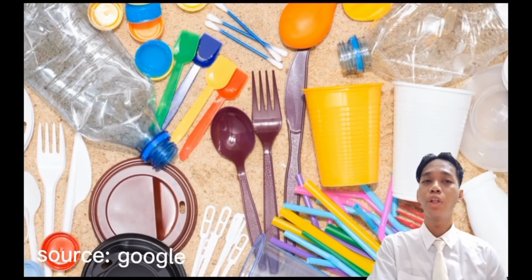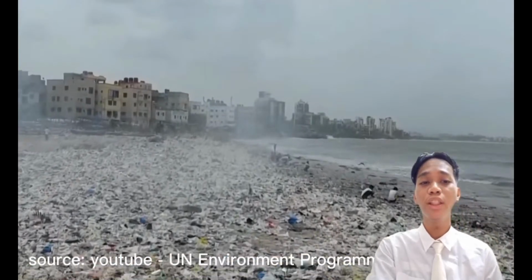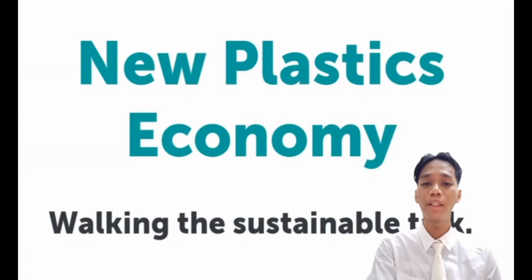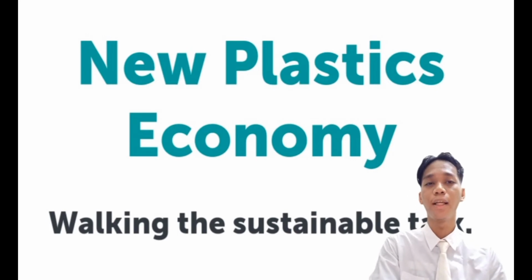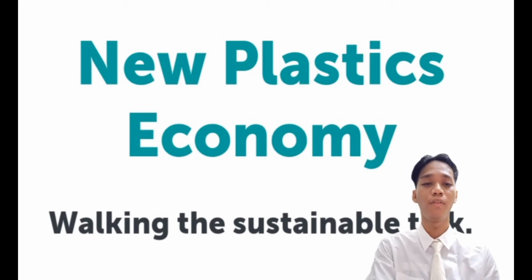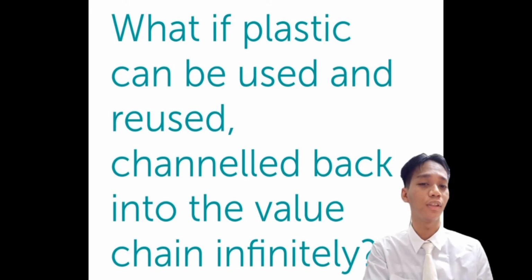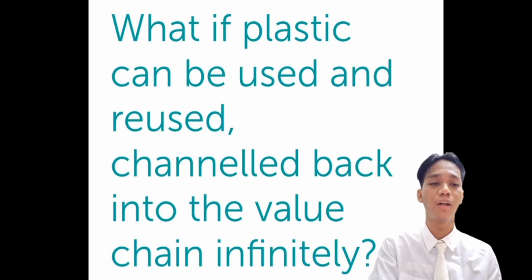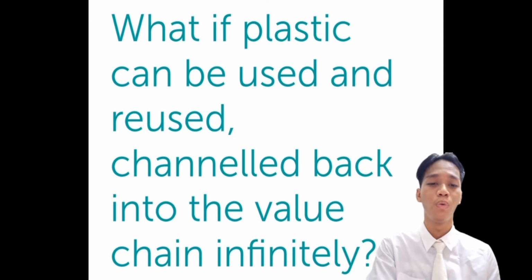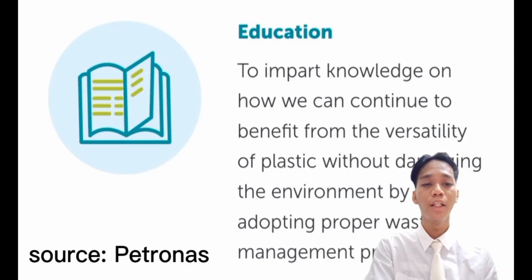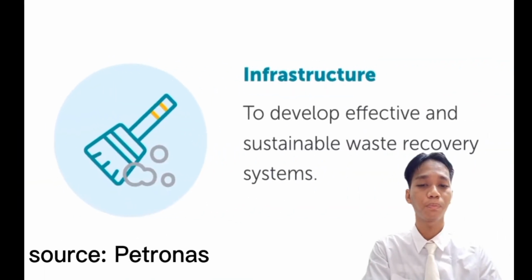In Malaysia, Petronas Chemical Group has prioritized addressing plastic waste and pollution issues with its own new plastic economy initiative. Petronas Chemical Group is changing the mindset of plastic as a waste to plastic as a resource through the 4 pillars of Petronas Chemical Group's new plastic economy, which is education, innovation, cleanup, and infrastructure.